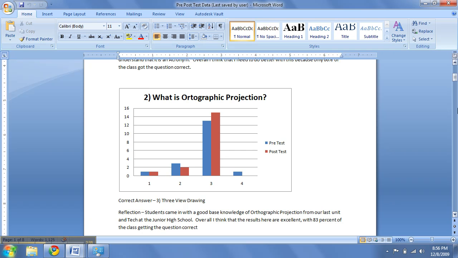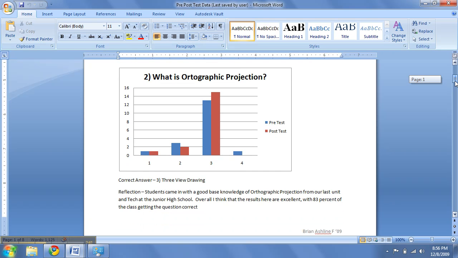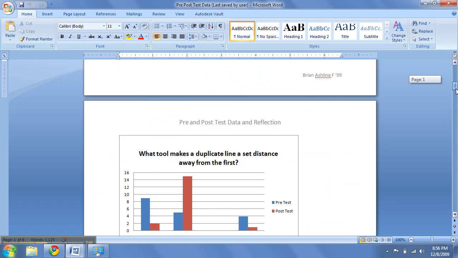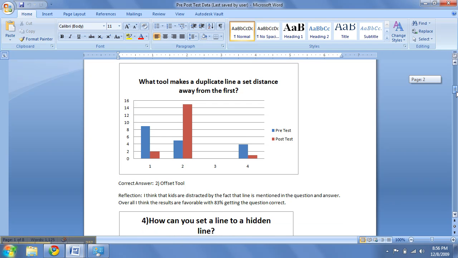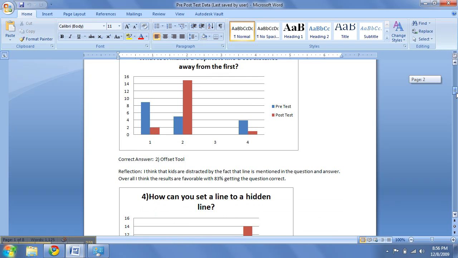I go through my different questions. What's orthographic projection? Kids started off knowing a lot about that from our last unit. That trend continued on. What tool makes duplicating lines a set distance away from the first? These were all questions specific to AutoCAD, so students didn't really have any introduction to this.